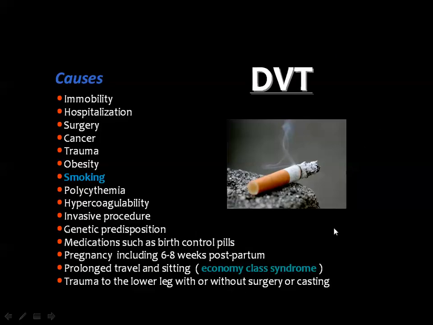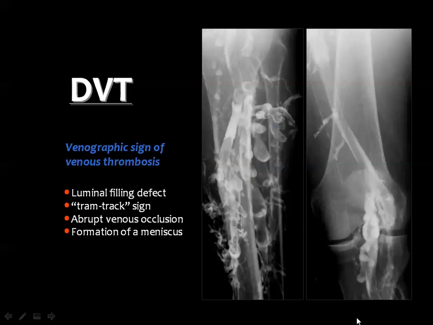Here are the underlying causes of deep vein thrombosis, and they are too many, including immobilization, hospitalization, surgery, cancer, trauma, obesity, and smoking, of course, hypercoagulable state, and genetic predisposition, medications like contraceptive pills, and so on.